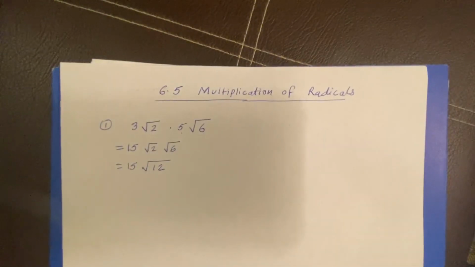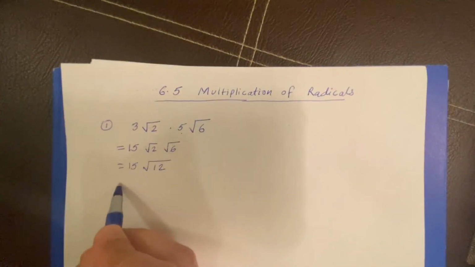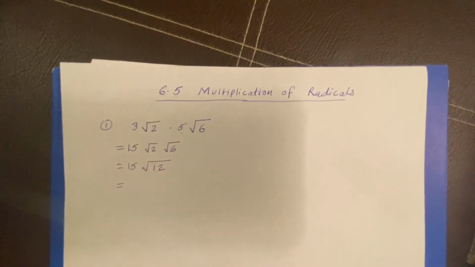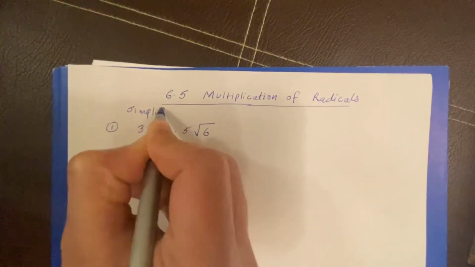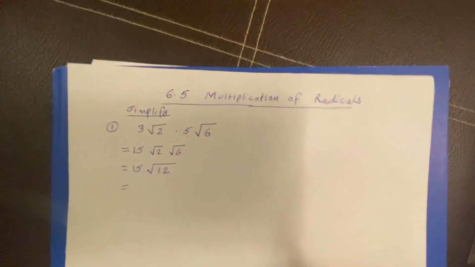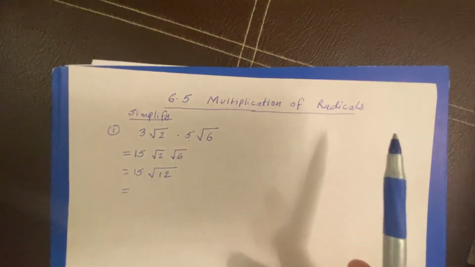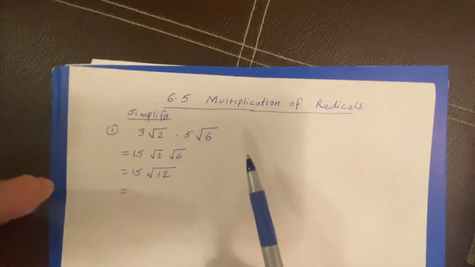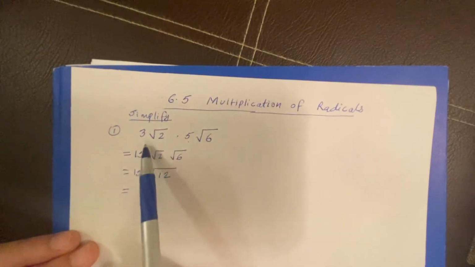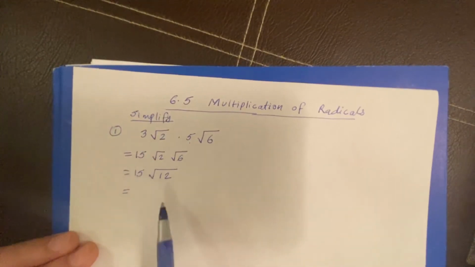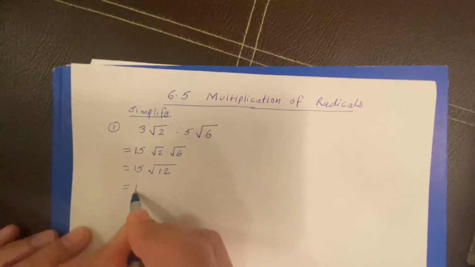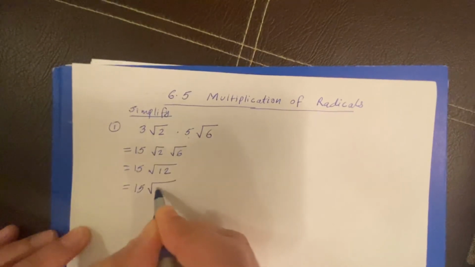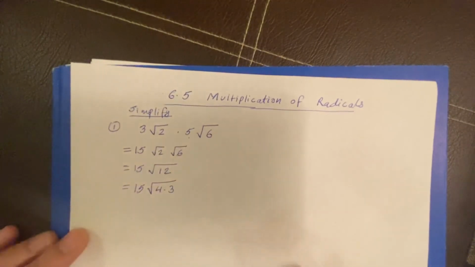Now we have to see, can we simplify? Basically, we are trying to find a simple form of this problem. So now, can we simplify after this? We know that 12 we can also write as square root of 4 times 3.